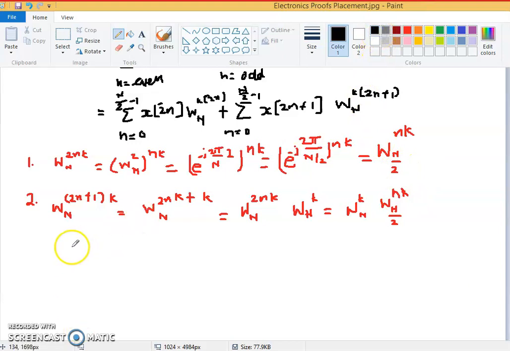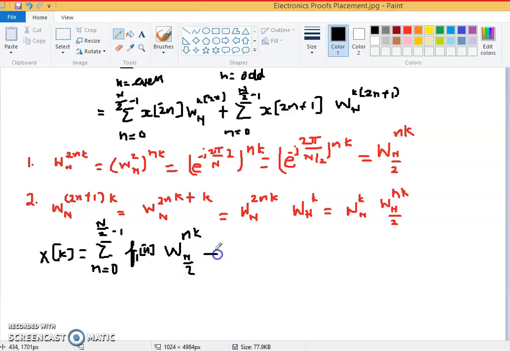Hence X[k], which was here, can be written as summation n changing from 0 to N by 2 minus 1 of f1[n], where f1[n] is x[2n], W_{N/2}^{nk}, plus, since the summation is operating on n, this W_N^k will be constant.